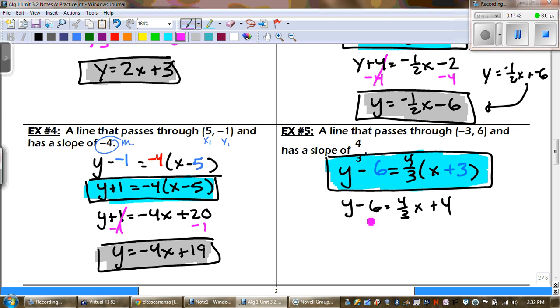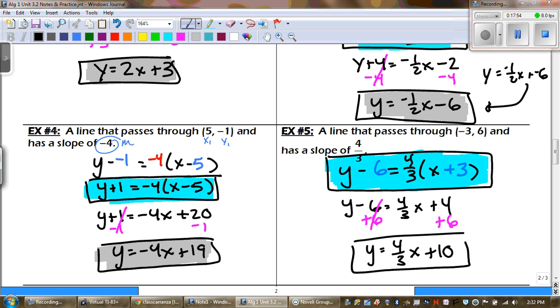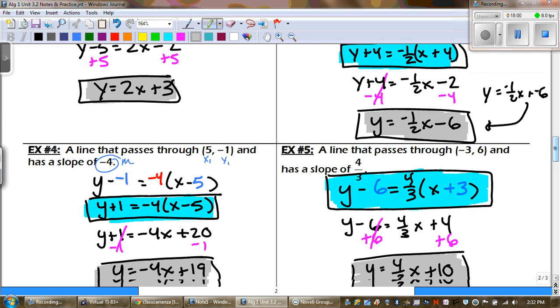Okay, and the last thing to do would be to add 6 to both sides. And we get y equals 4/3 x plus 10. All right, let's keep going.